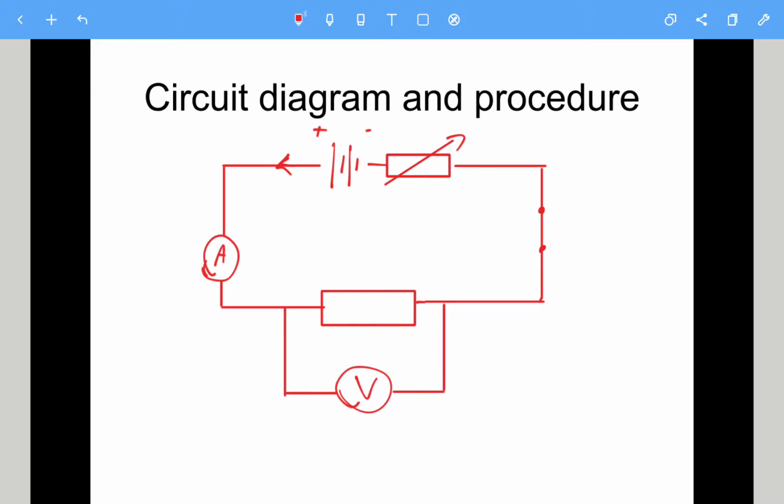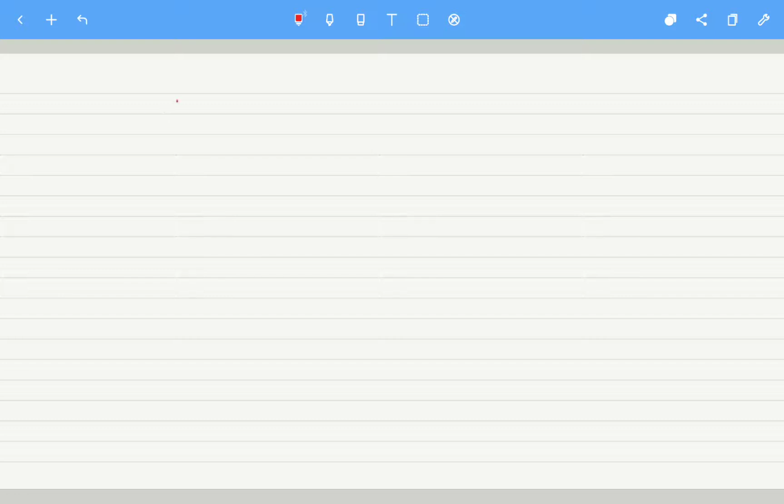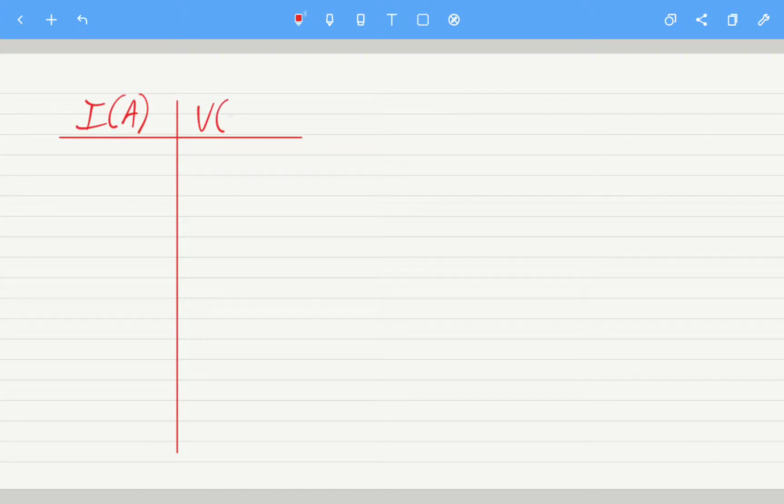Then what you need to do is select the values that we're going to use for the experiment for the voltage. So we're going to need a table. Let's just sketch a little table. We're going to need the current measured in amps and the voltage measured in volts.